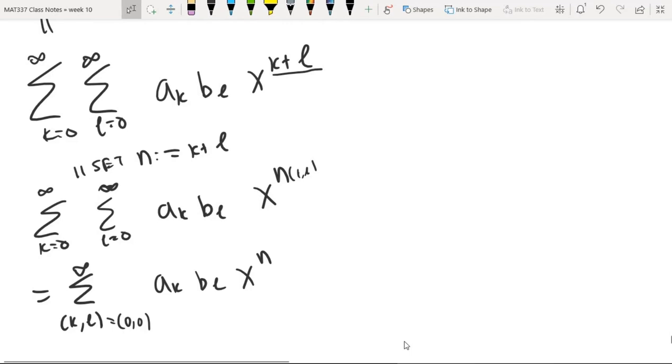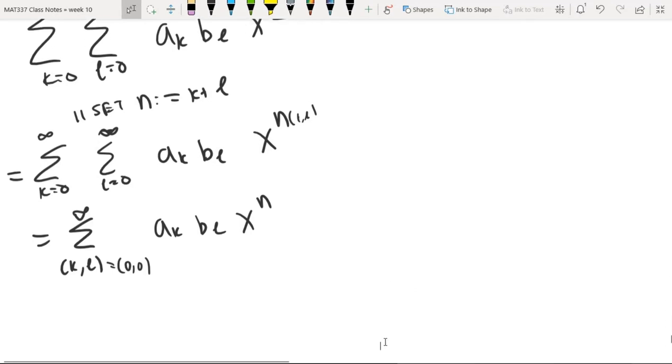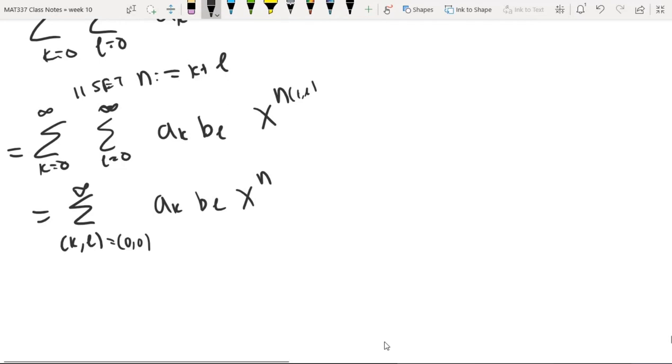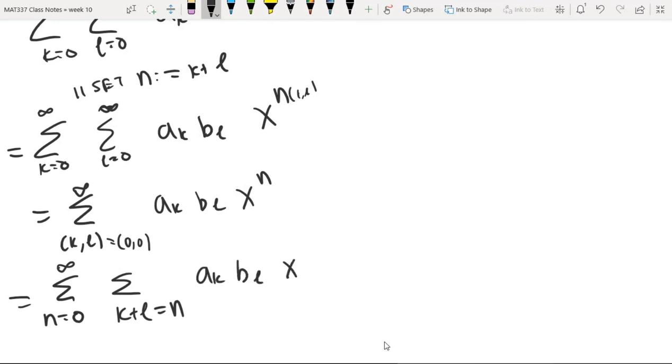And what we do is we want to fix n. So let's do that. We start from n equals 0 to infinity, and then we look at all k, l that are equal to n. Right, so going from here to here, it's a bit complicated.